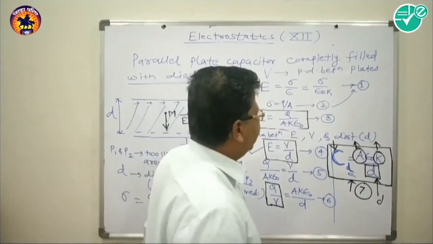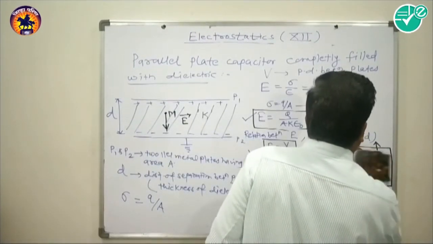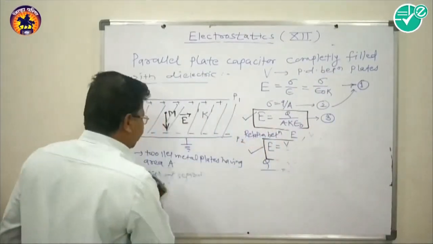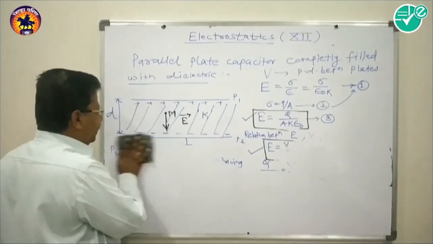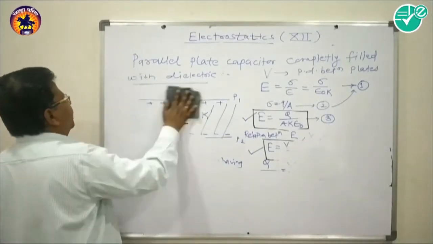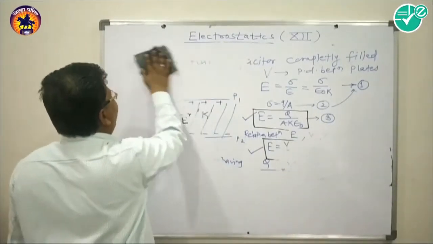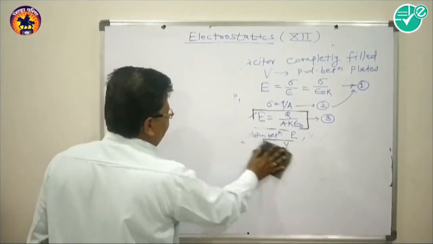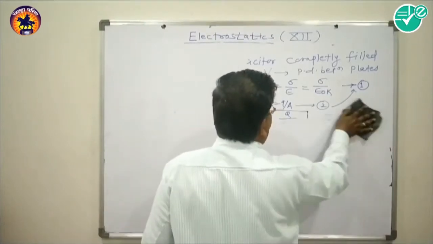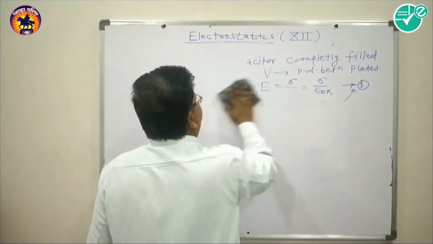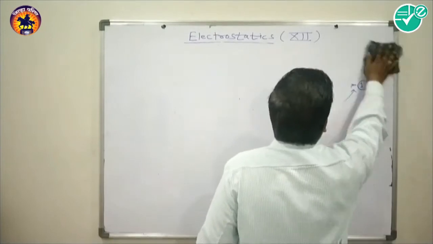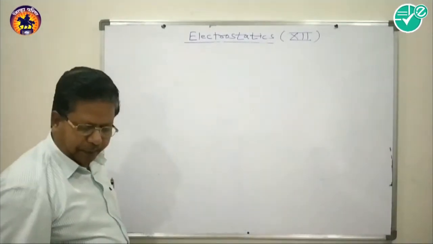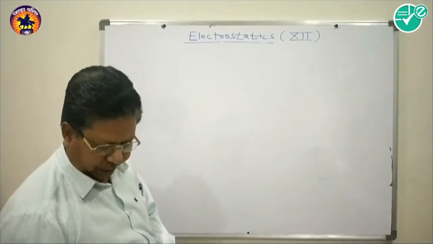So Cd can be increased by increasing the area of the plate, by using a medium having higher dielectric constant, and by decreasing the space between the two conductors which form a parallel plate capacitor.